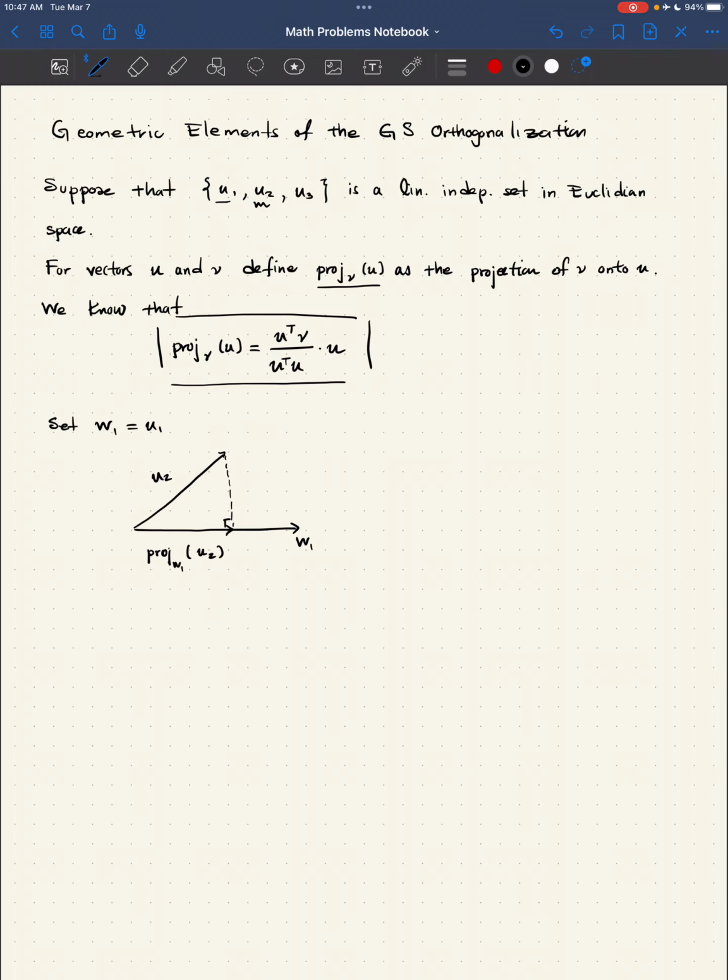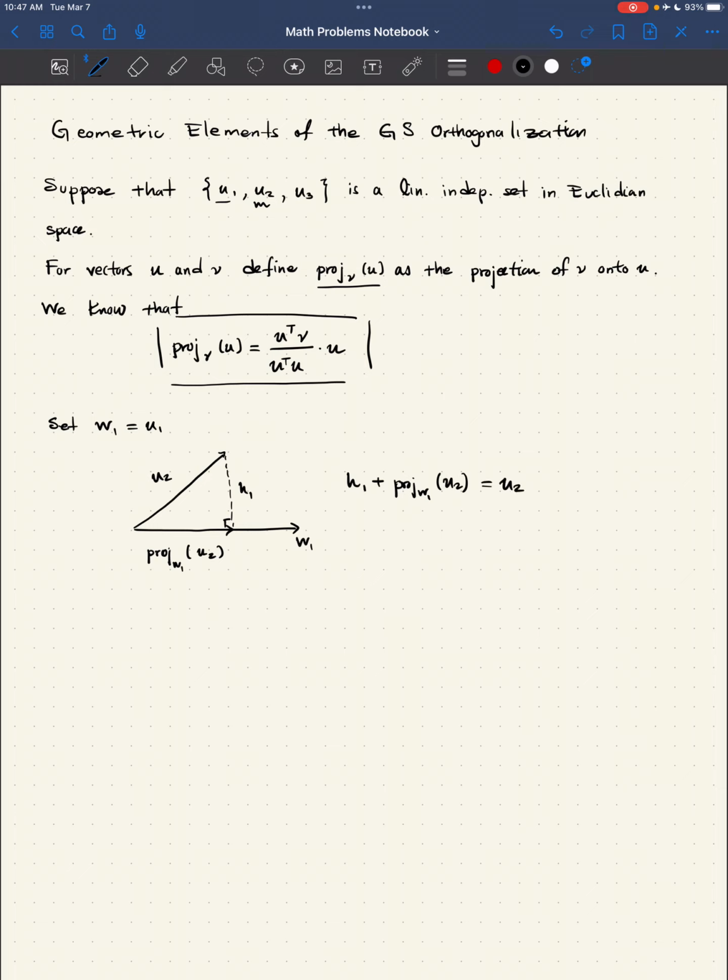Let me put some labels and call this H1. From here, I get the following algebraic equation, which says that H1 plus the projection of U2 onto W1 results in U2.